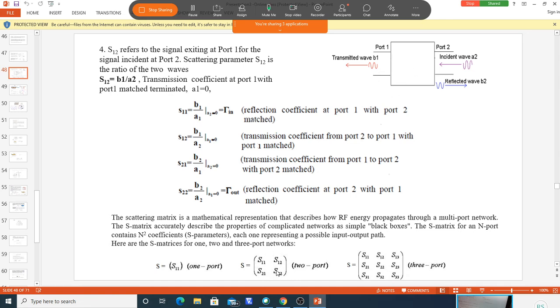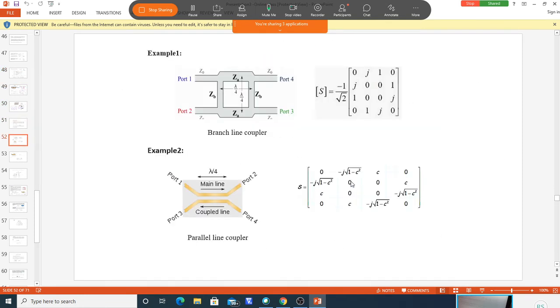The network may not be given; they will provide only this S matrix of the network, S11 and the other parameters. Looking at these S parameters, we can say whether it is a reciprocal network, a lossless network, a matched network or a symmetric network. That you can come to know.